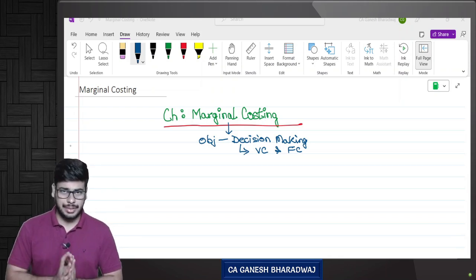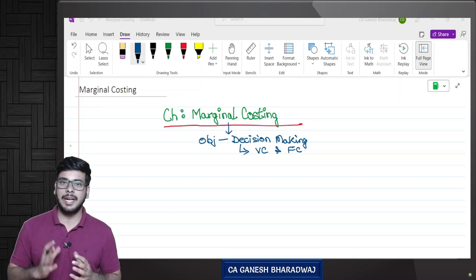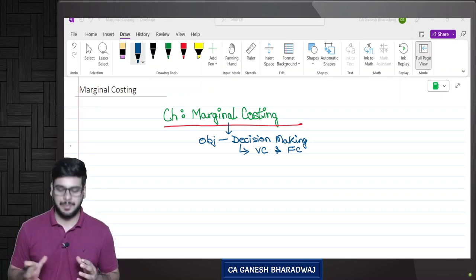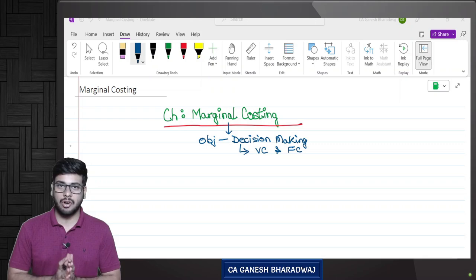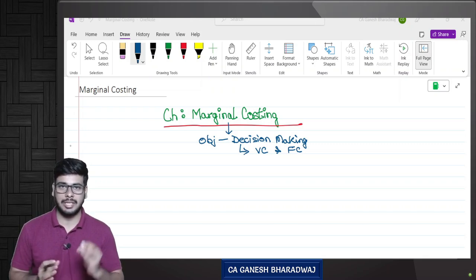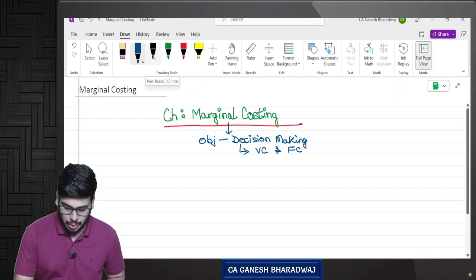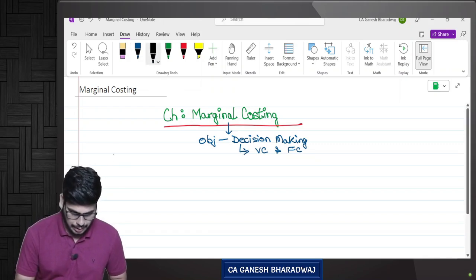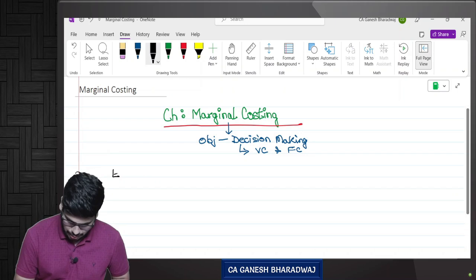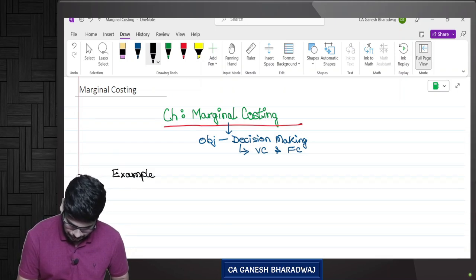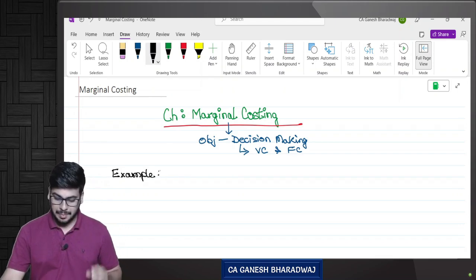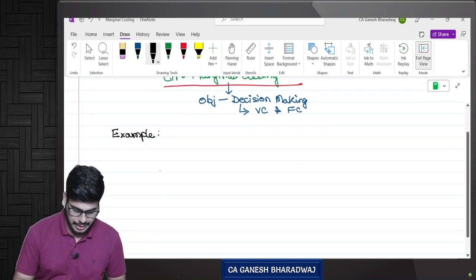Now with this backdrop, let us get into the basic concepts involved in marginal costing, right? Fine. Now we will understand the basic concepts involved in marginal costing by taking one example. So let me just note down that example for you. Example. So we will learn the basic concepts of marginal costing through this example.